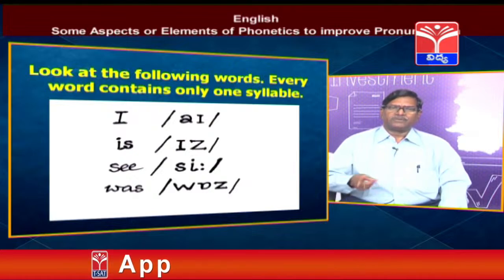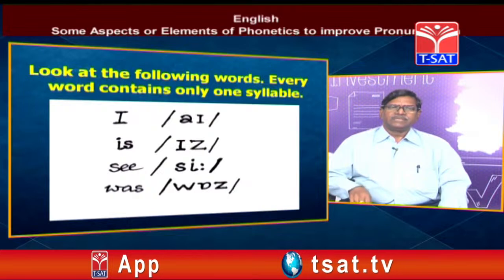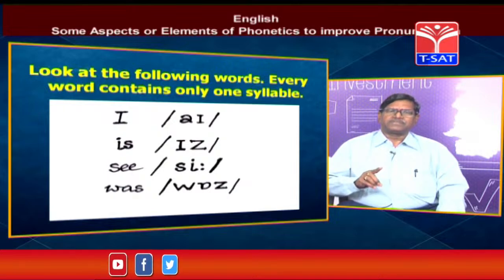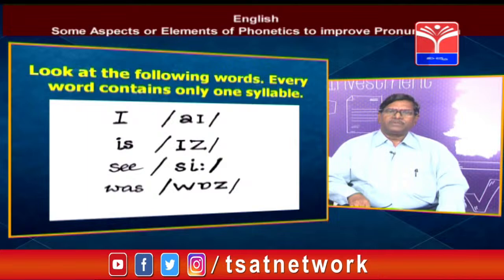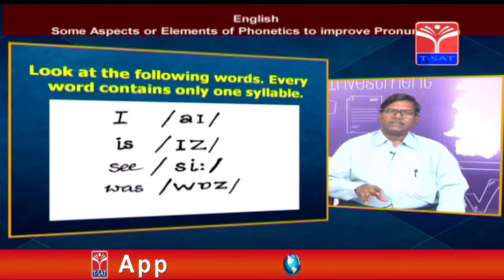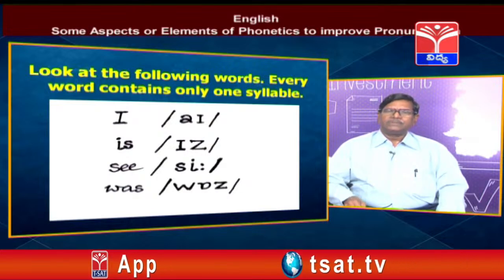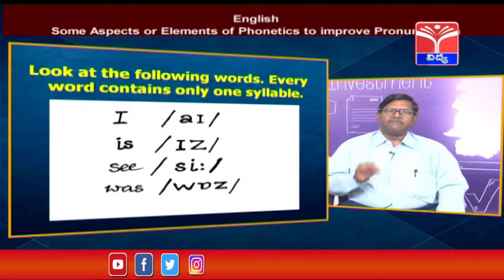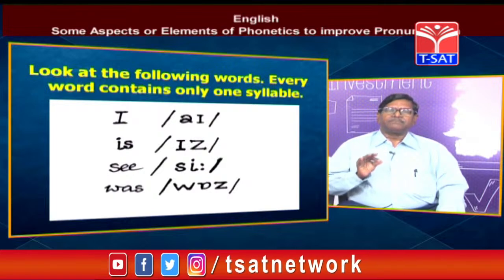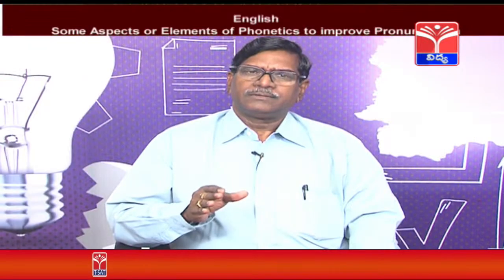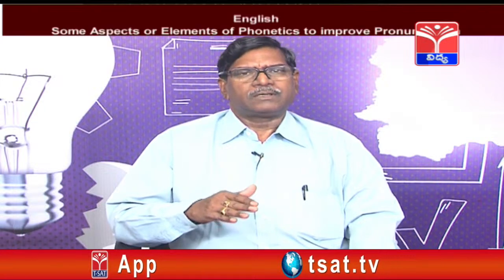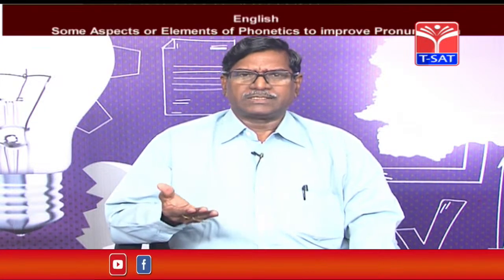Is, vowel sound followed by consonant sound, Z. See, vowel sound, E, is preceded by a consonant sound, S. Was, vowel sound, O, is preceded by W and followed by Z. So, if we consider these words, we can conclude that in every syllable, a vowel sound is compulsory and consonant sounds may be preceding the vowel sound or following, or both ways.